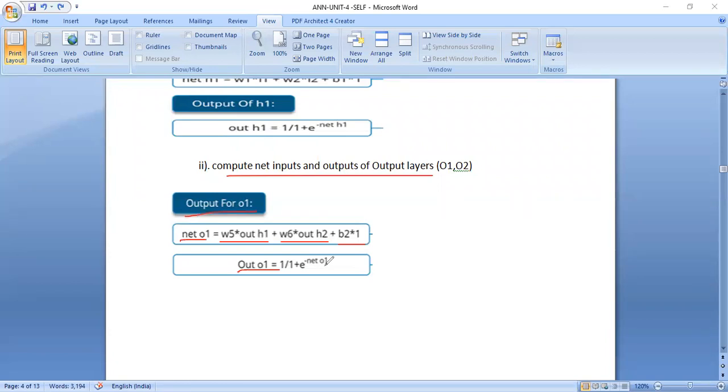So this is the calculation of output for O1 as well as output for O2, also same formulas, right? Then after this, output of O1 and output of O2 is calculated. Then what should we do? Now we're going to perform the error rate after the output layer. Then we would calculate the error function.